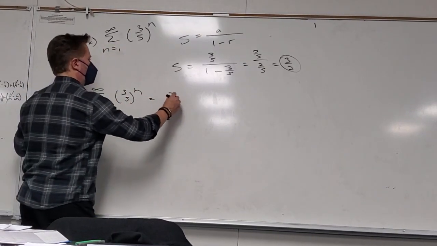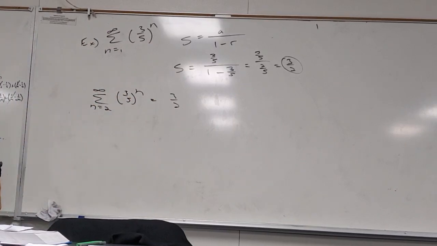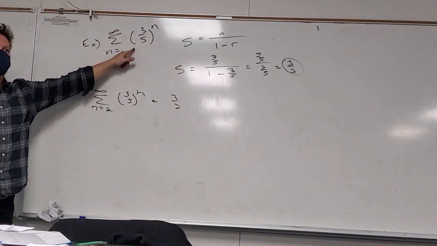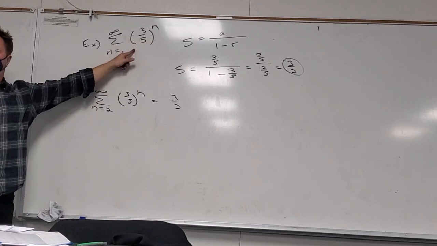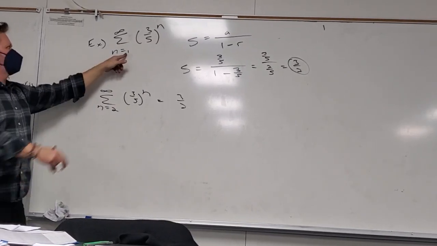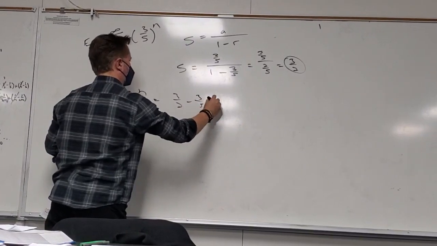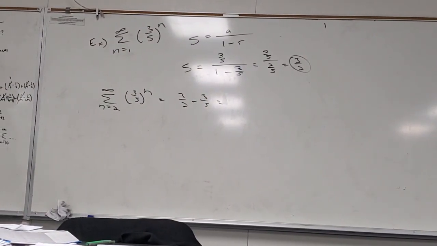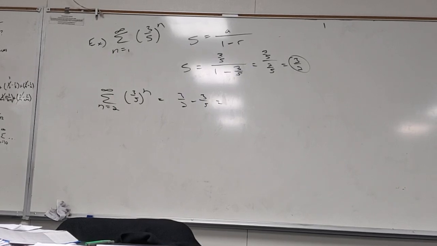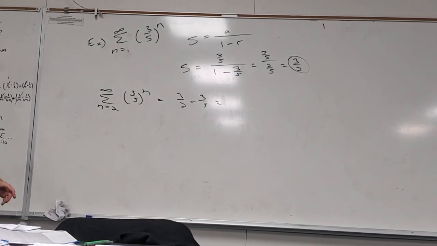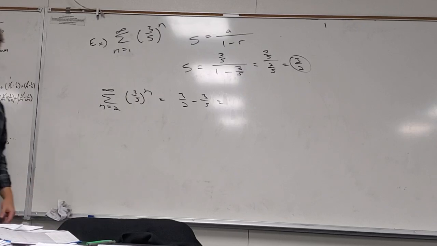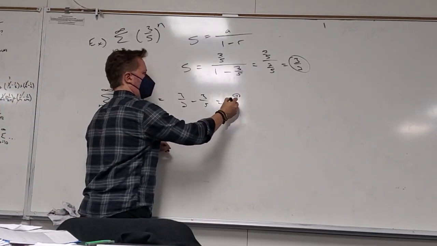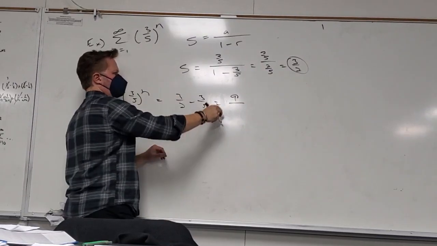So it's not 3/2. How much off from 3/2 is it? It's missing the first term, the n equals 1 term. So I just subtract 3/5. That would be 15 minus 6, 9 over 10.